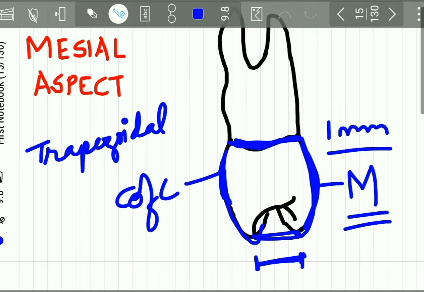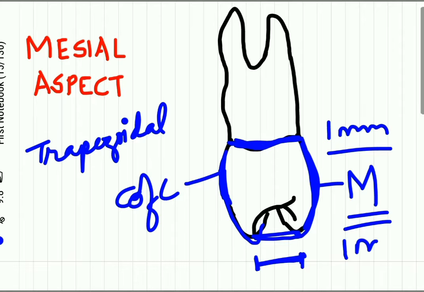Now, the tip of the lingual cusp appears shorter than the buccal cusp by 1 mm. From the mesial aspect, the cusp of the maxillary first premolar appears to be very sharp.